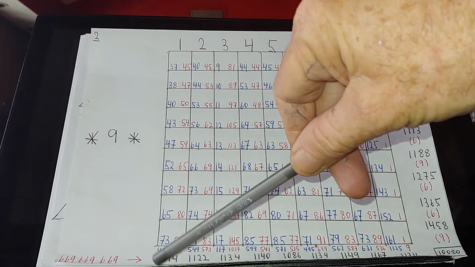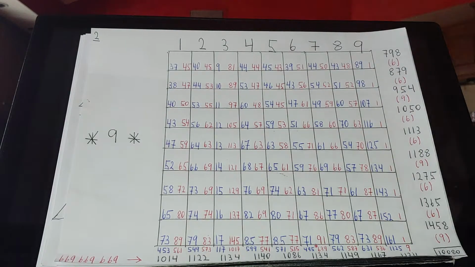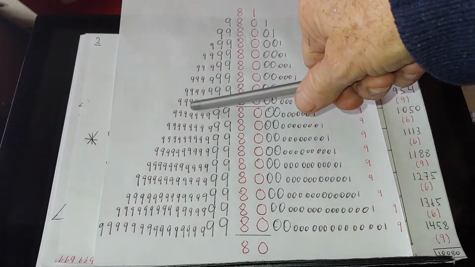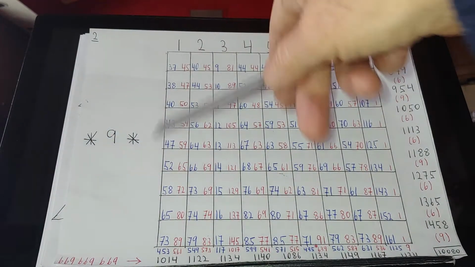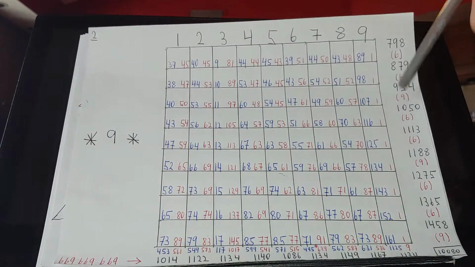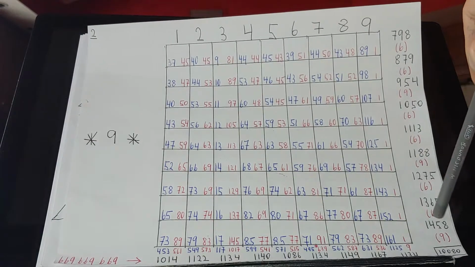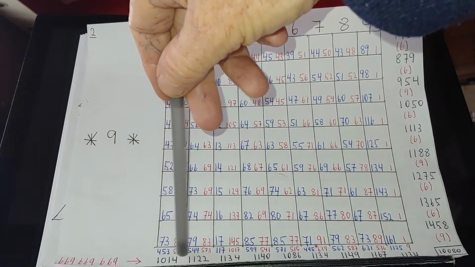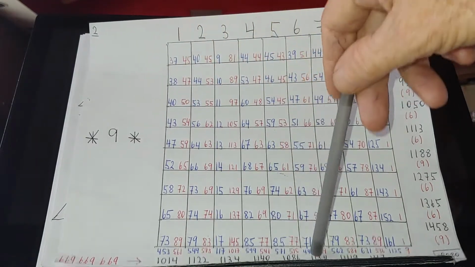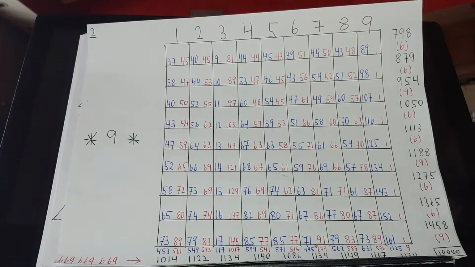Because if I add up all of these numbers on the left-hand side of the triangle, and then I reduce them all, I'm going to get 669, 669, 669. Down on the bottom, the same thing, I'm going to get 669, 669, 669. And it's going to add up to 10,080, and 1 and 0 and 0 and 8 and 0 is a 9.